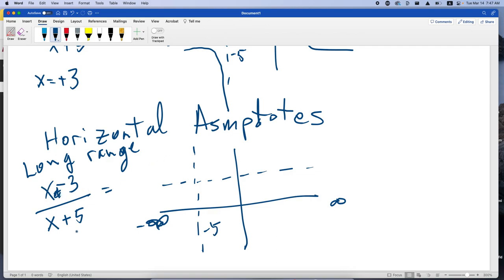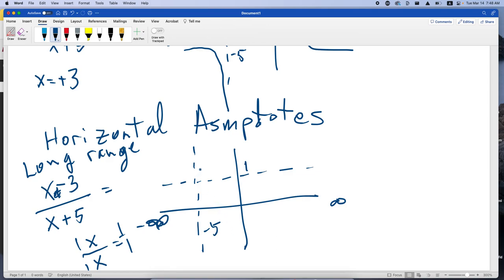We'll get a horizontal asymptote, and the way we can find that is we just take the largest terms, the largest degrees, so this is x over x. We can ignore anything else, and what does x over x become? 1 over 1, which is 1, and so we'll see that we also get a horizontal asymptote here at y equals 1.